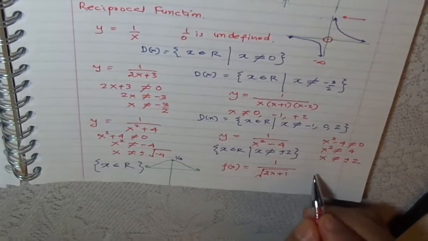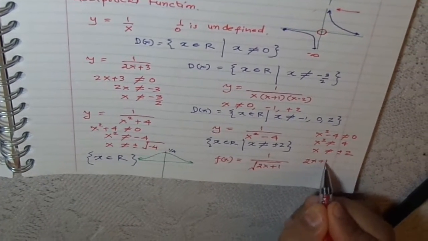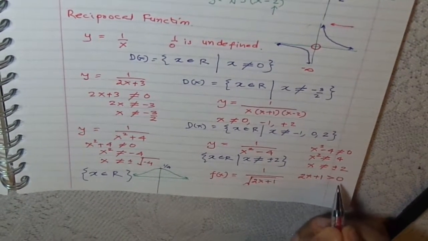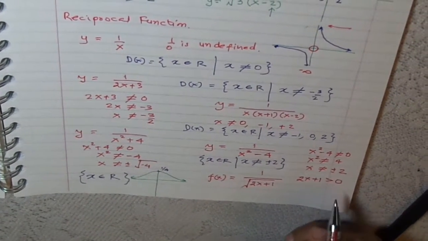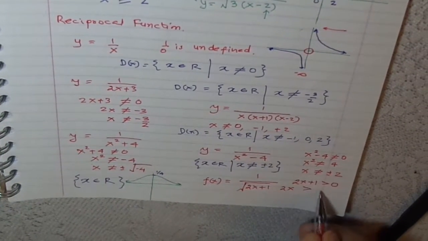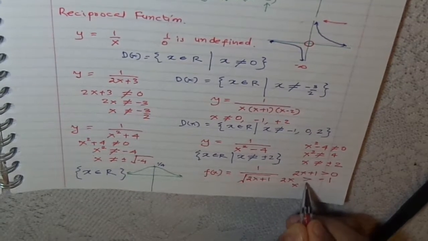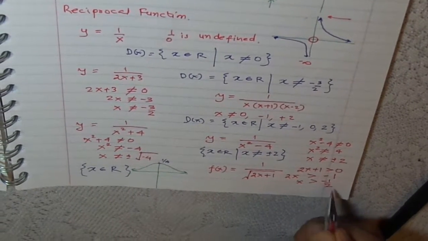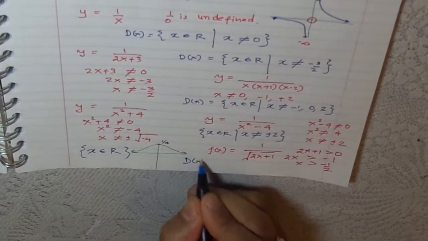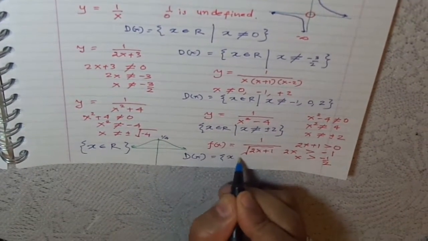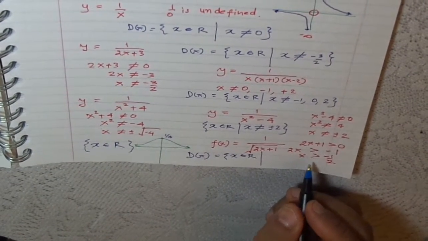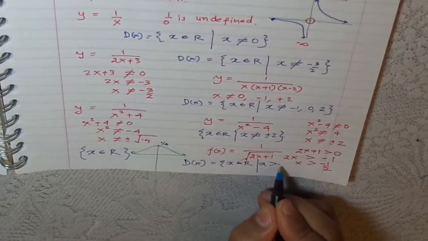Therefore, we will solve the inequality 2x plus 1 greater than 0, not greater than or equal to, greater than 0. It has to be positive. When you solve it, you get 2x is greater than minus 1, or x is greater than minus half. And therefore, what should be the domain of this function? The domain of this function should be x belongs to real numbers, of course. And what is the restriction? Restriction is that x is greater than minus half.